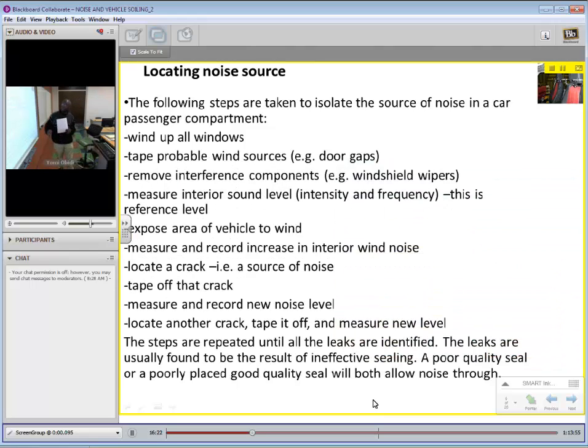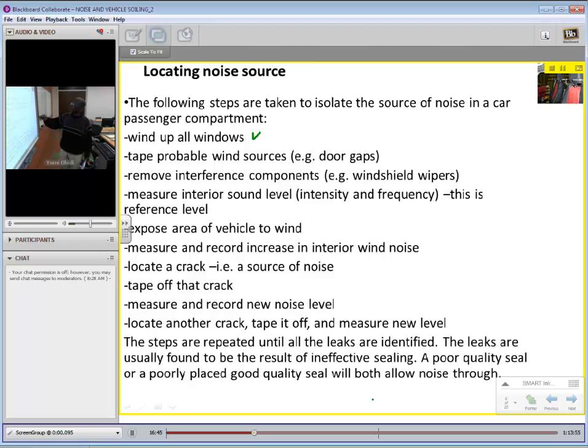In locating that noise source, we wind up all the windows. It's a lot of details, laborious, hands-on work. You wind up all the windows, tape probable wind sources, the doors, look at the gaps, and seal them all. Duct tape works very well here.